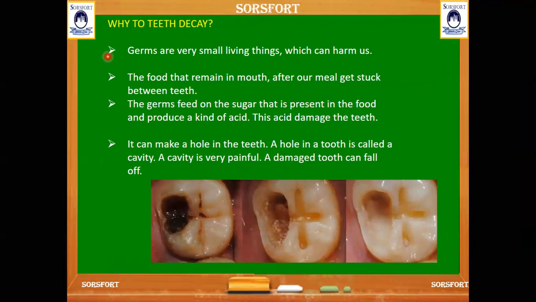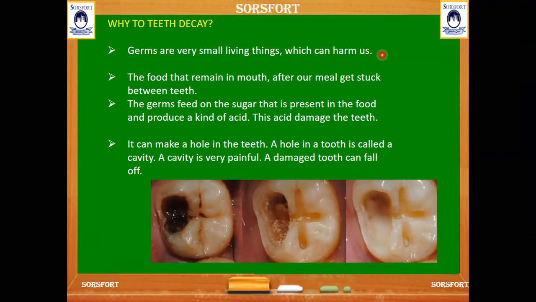And the next topic is, why does a tooth decay? We can see many small germs in our body which cannot be seen, and they are harmful to our body also. There are many germs living in our mouth also.